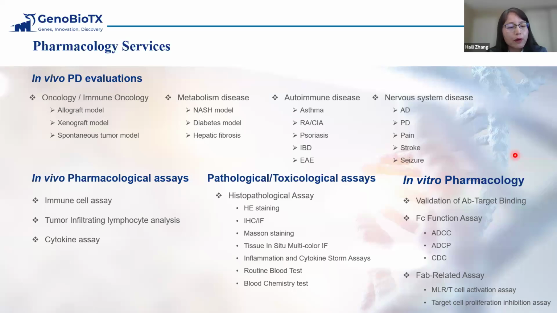We also provide various models for in vivo PD evaluation. At the bottom, I list some specific assays we can support, for example, in vivo pharmacological assays, pathological and toxicological assays, in vitro pharmacology, and all kinds of these assays.